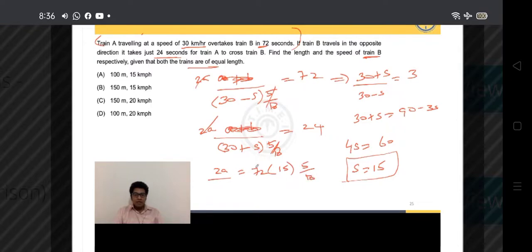Hence I can find A. So just 18, this will go 4. So if I just cancel 2, this will become 2. 15 into 5, 75. 75 into 2, 150. Hence A is 150, which is same as B. So length of the train will be 150 meters and the speed of the train is 15 kilometers per hour. These two equations, solve the equations, find S, just substitute. Okay.